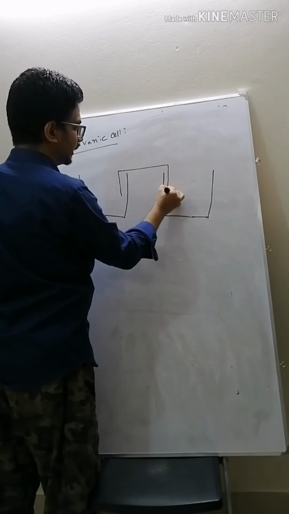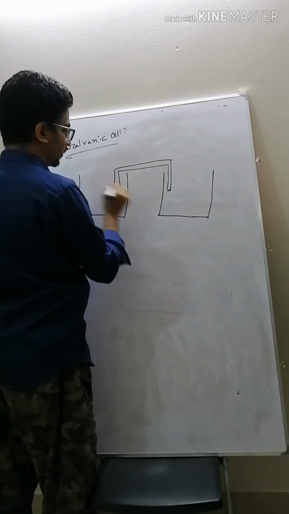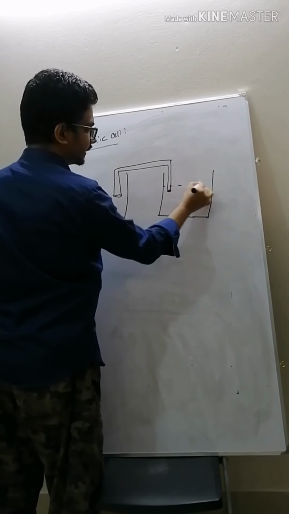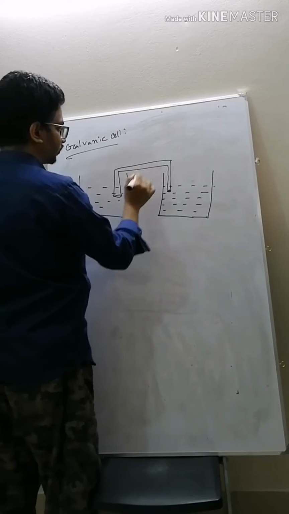Here we use the salt bridge. It is a simple form of galvanic cell.